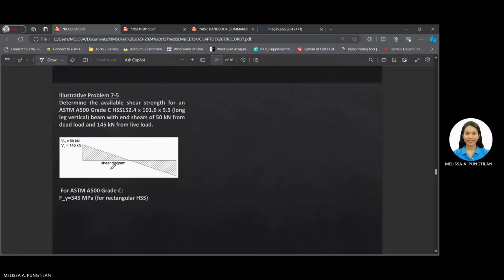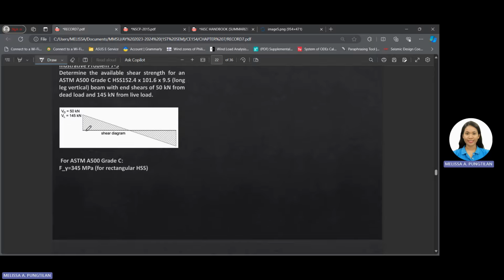Okay. So, as before, we will first compute for the required shear strength. For our required shear strength, let us start with LRFD. We have 1.2 of the dead load plus 1.6 of the live load.